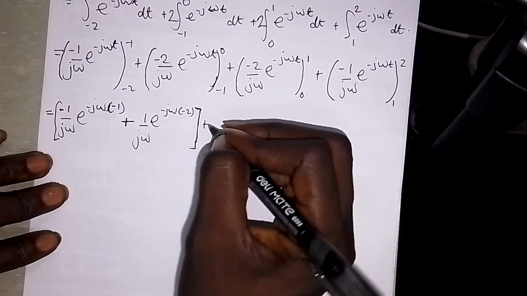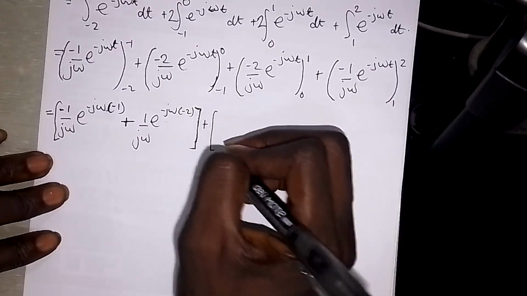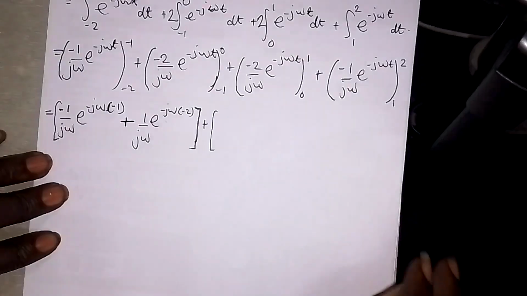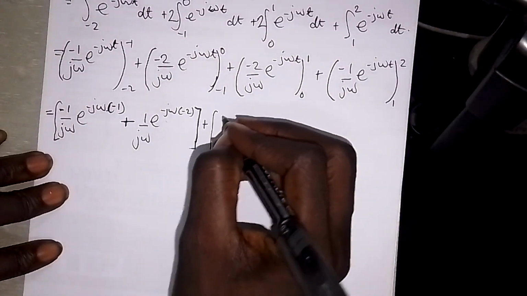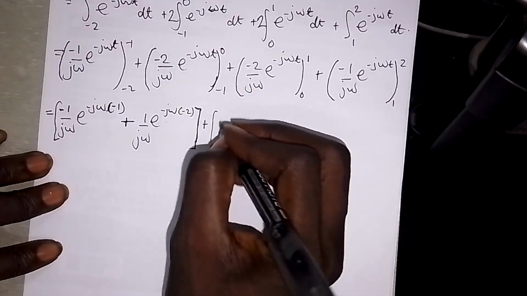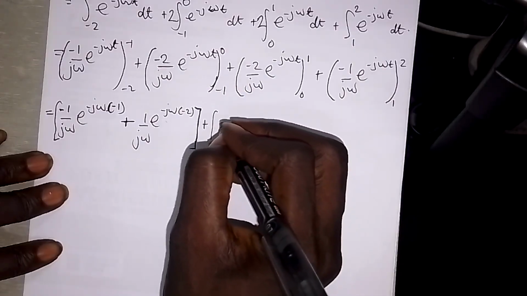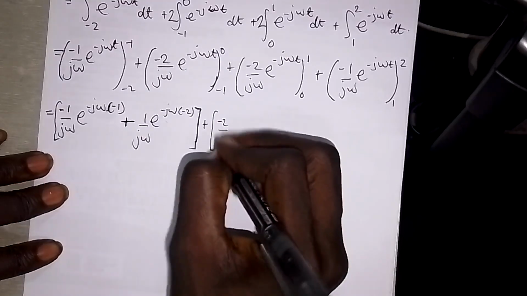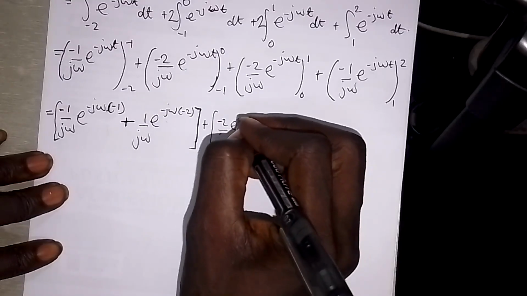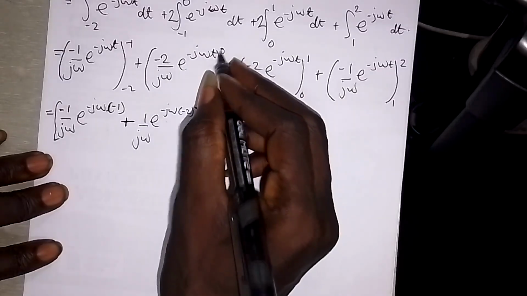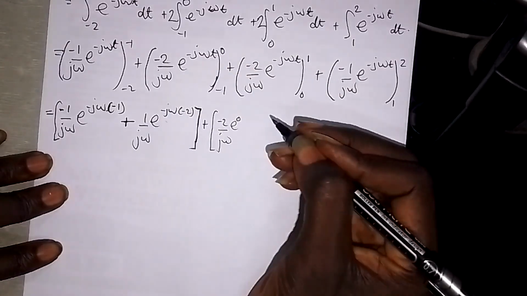Then let me come to the next one. The next one is going to be 2, the upper limit first. So I'm going to have minus 2 over j omega, and then e exponent here is going to be 0, so it's going to be e exponent 0.